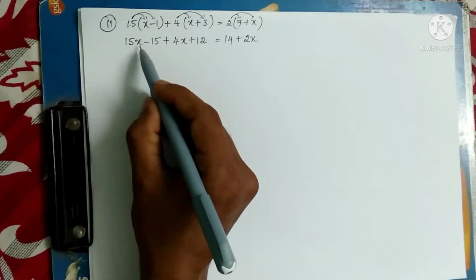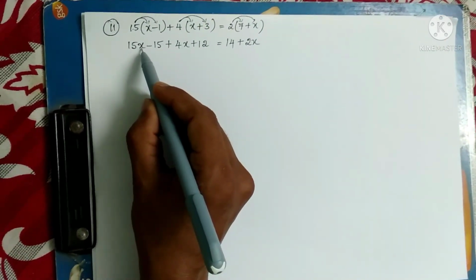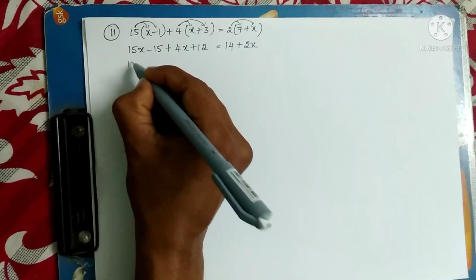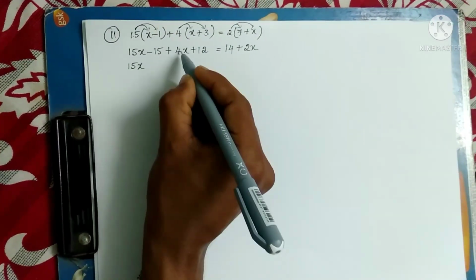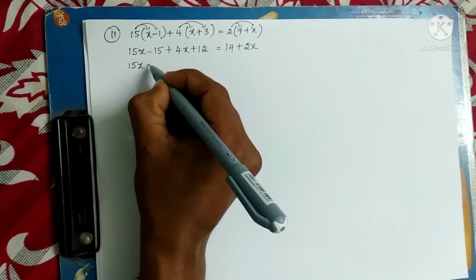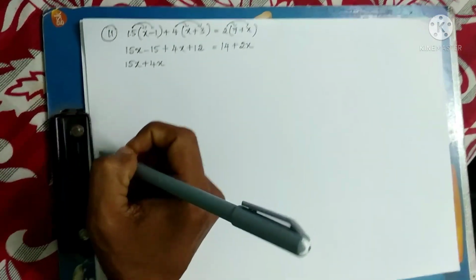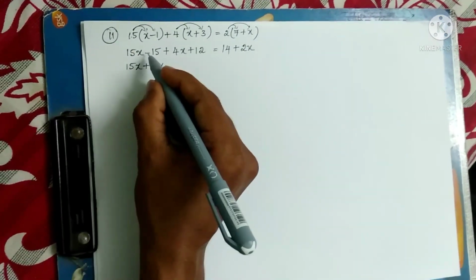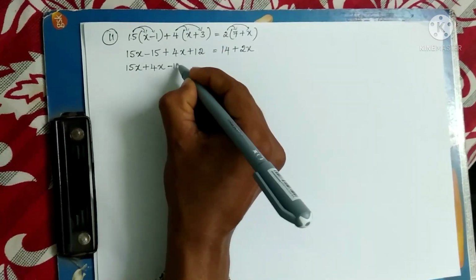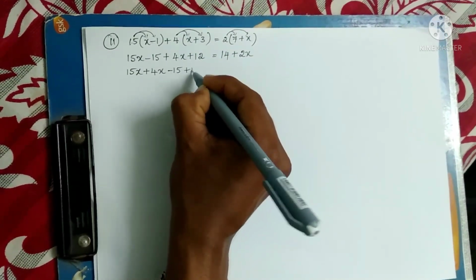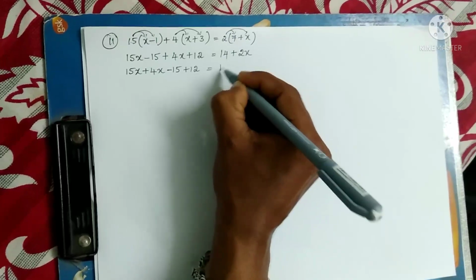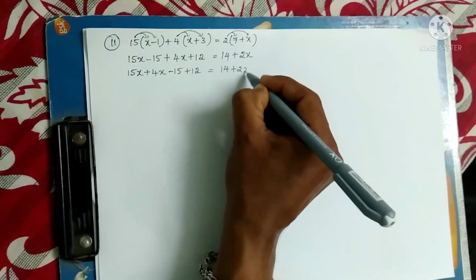So we have like terms with the same variable x and x. So I write here 15x and the same variable, which is plus 4x. Okay, 15x plus 4x. Now I write the constants, that is minus 15 plus 12, which is equal to, I write RHS as it is.